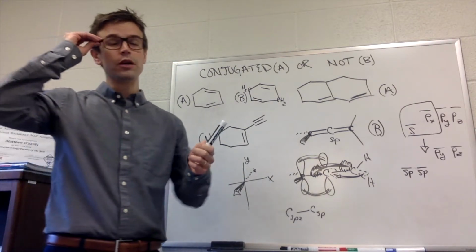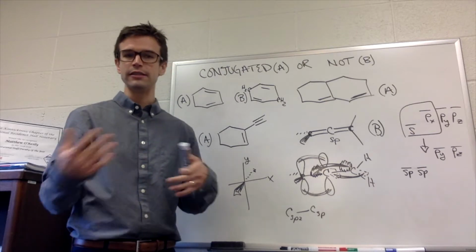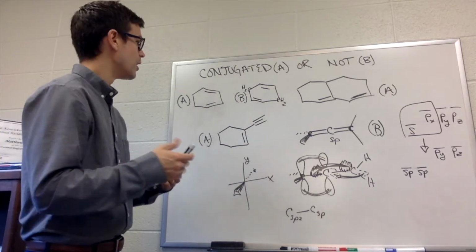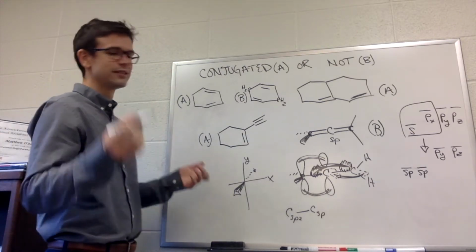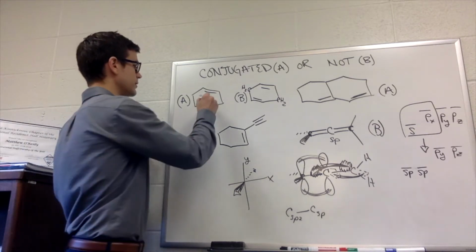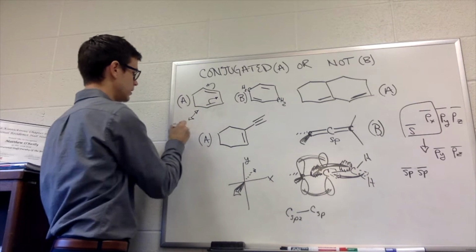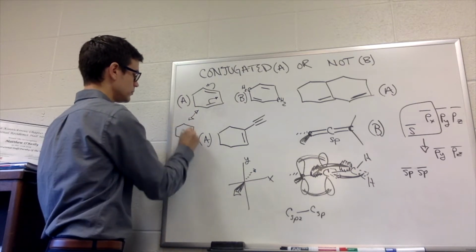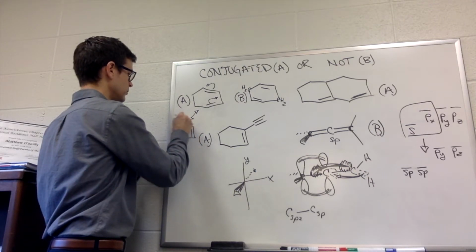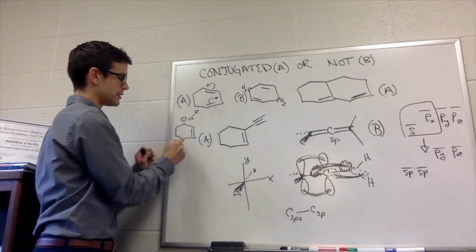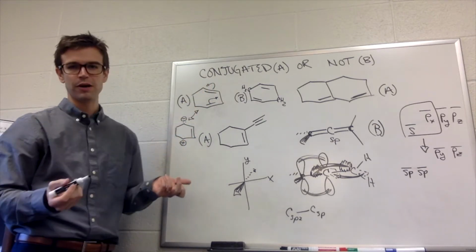What was the other thing that we could do to check ourselves to say, is this system conjugated or not? What we said we could do is draw resonance structures and see if they are valid. So for instance, on this one, we said we could draw a resonance structure like this, in which we move the electrons up there, so that's negatively charged. We move them away from that one, so that's positively charged.